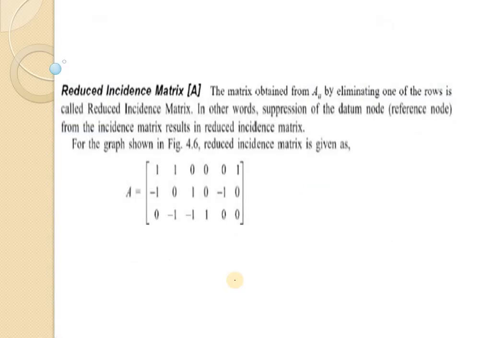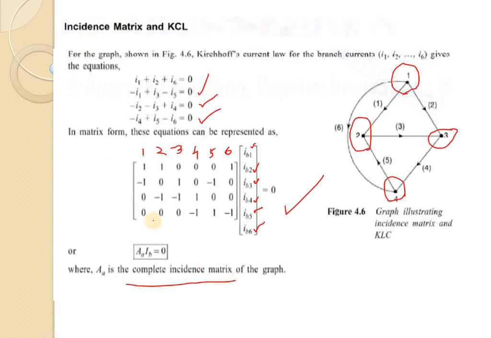Next one, the reduced incidence matrix. In my last lecture, I already highlighted what the reduced incidence matrix is. Reduced incidence matrix means we just delete a complete row. In general, the last row is deleted. So we have deleted the last row here.